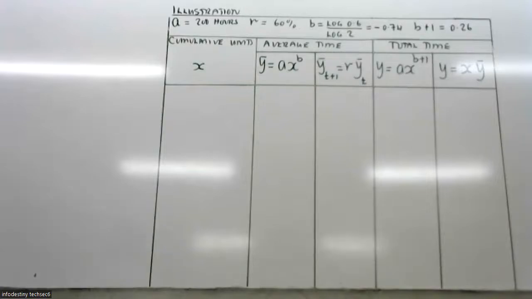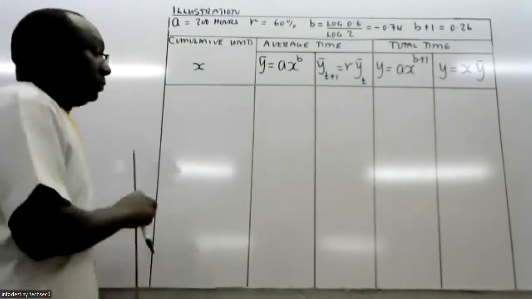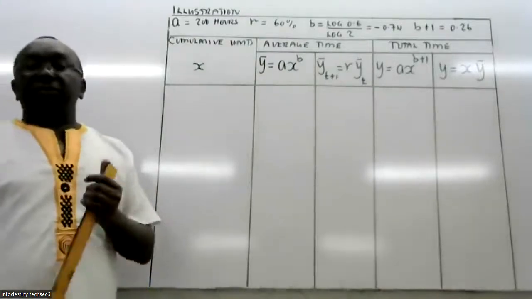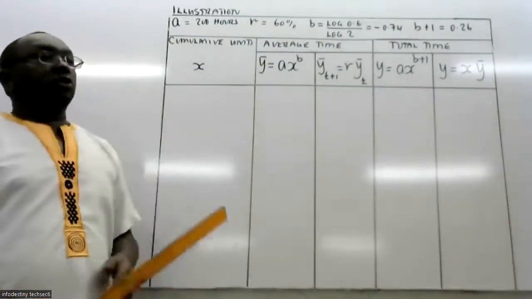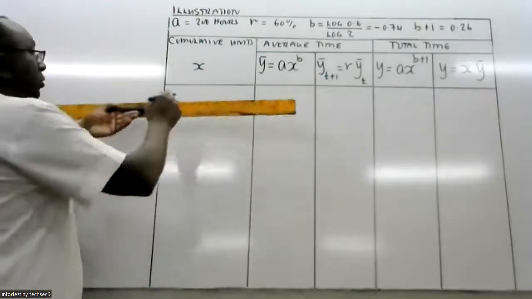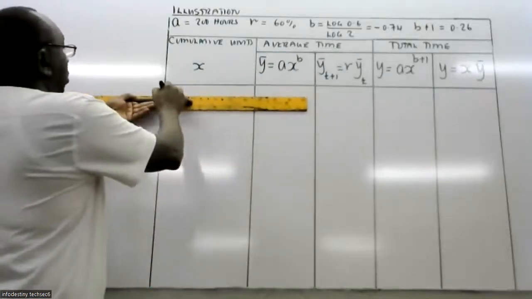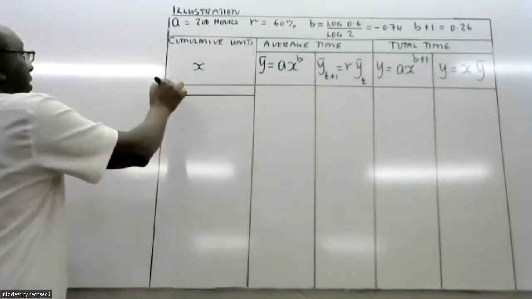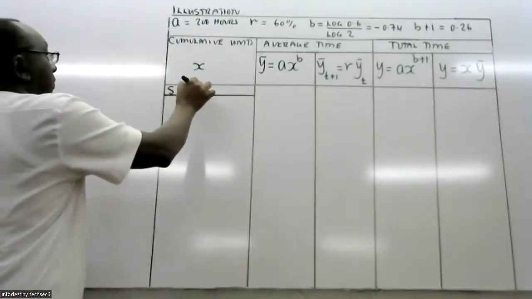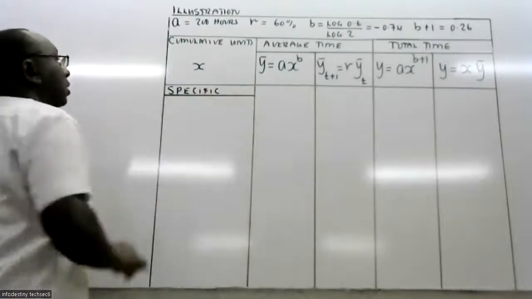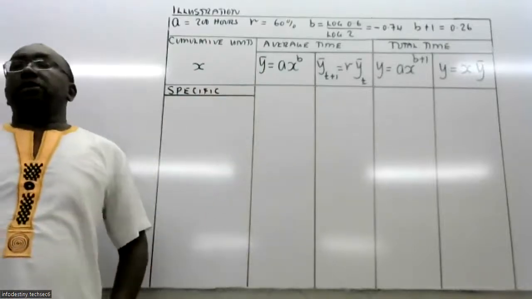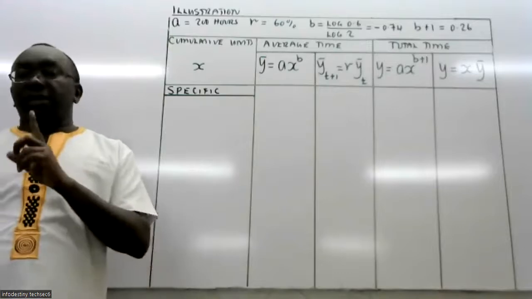Okay. So now, when you're dealing with running curve questions, there are two types of scenarios. Scenario one, we call it specific. Specific is where you are dealing with just one unit.